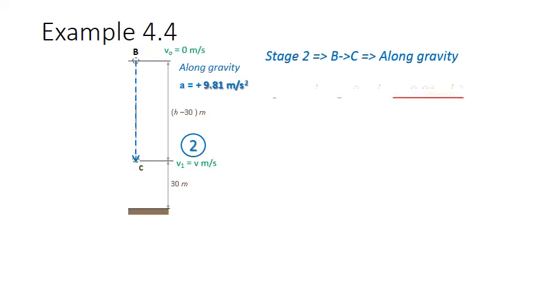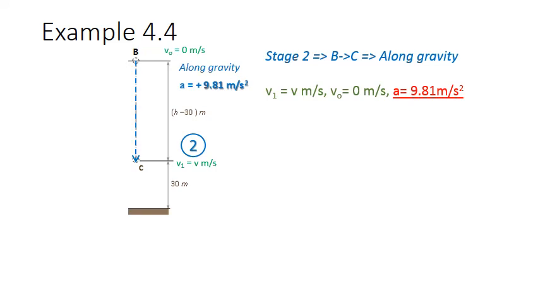V1 is unknown, never mind, we just put v. v0 is 0 meters per second. Acceleration is positive 9.81. Now, can we use the v1 squared equals v0 squared plus 2as formula as we employed previously? We can't, simply because we do not have the v1 value.